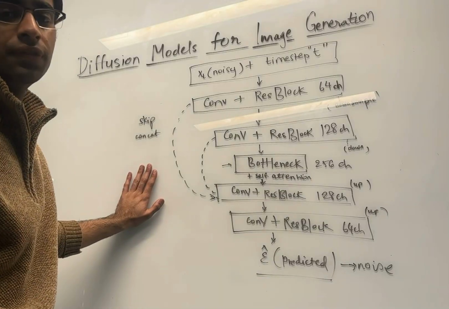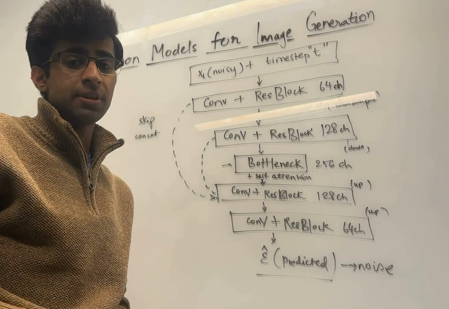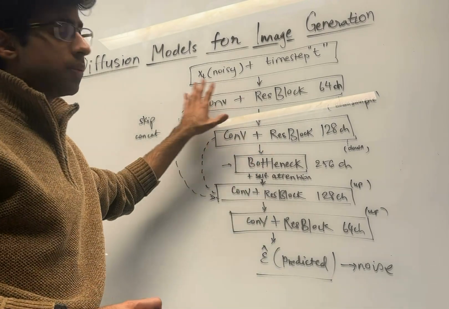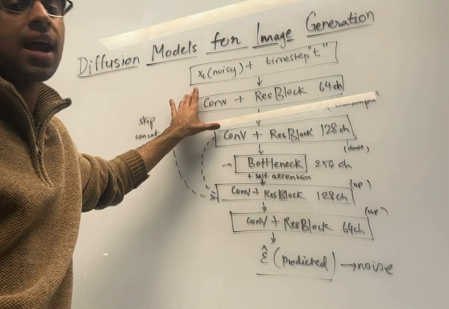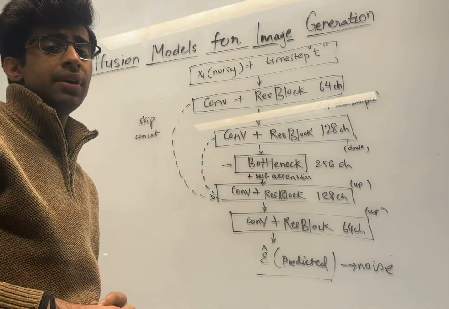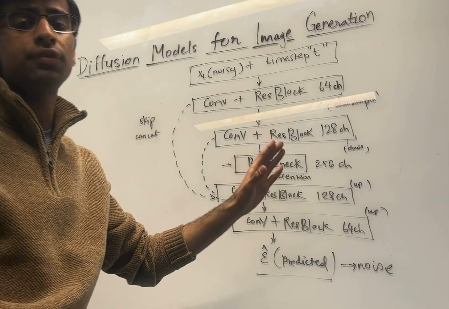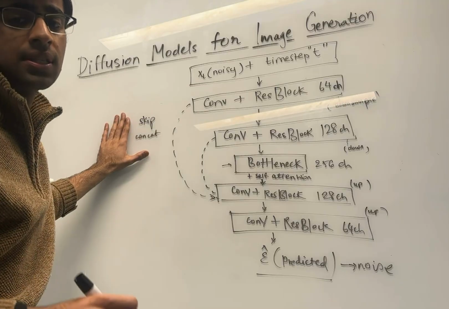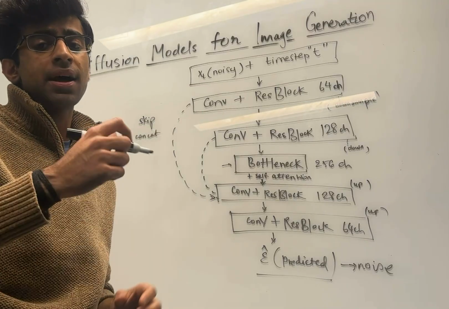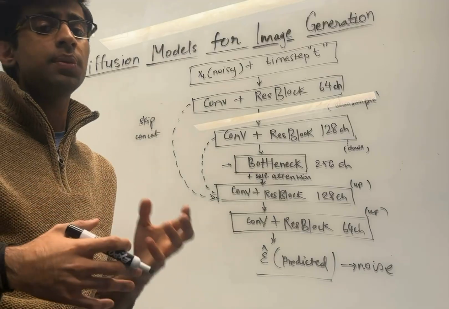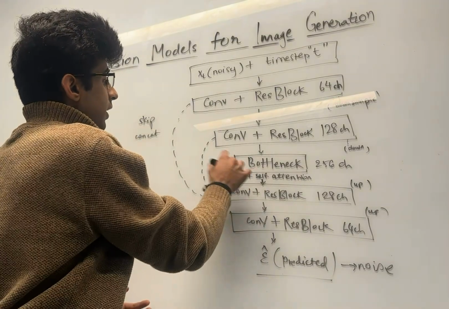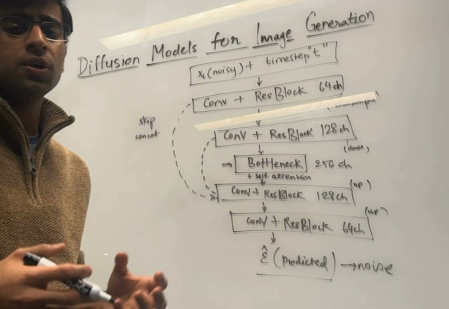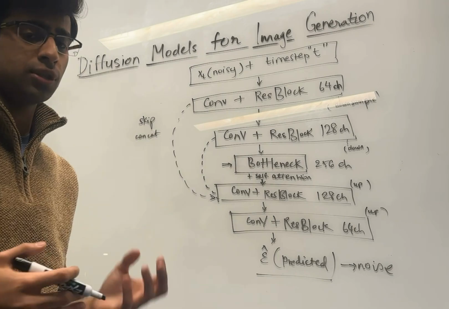This is the architecture of the U-Net, which has the same idea as segmentation, adapted for generation. We have encoders which downsample the image and extract features at smaller and smaller scales. We have decoders which upsample back to the full resolution. Then we have skip connections, which link the matching layers and help preserve the fine details. Then we have the bottleneck, which adds self-attention so that the model can reason globally and not just locally.